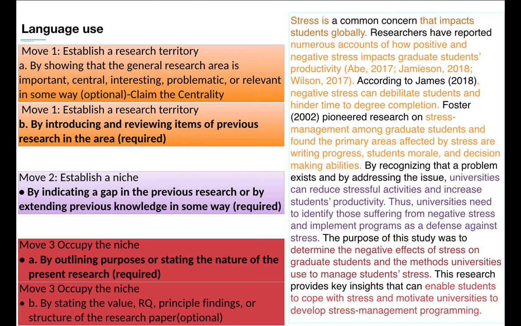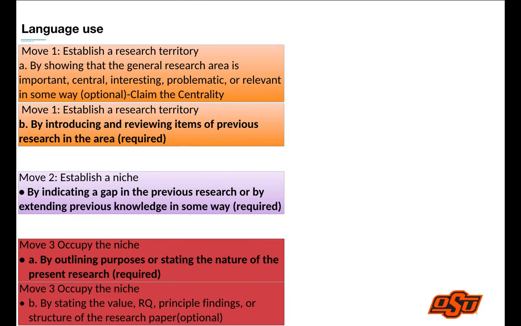So you see, this language helps us to identify each move and step, and helps make our research paper more convincing and logical. Okay, so what are the other languages that we can use to express in our research paper?